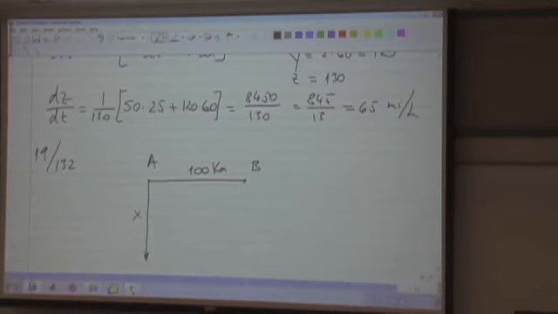Let's name this x, and dx over dt is equal to 35 kilometers per hour. Ship B is sailing north at 25 kilometers per hour.